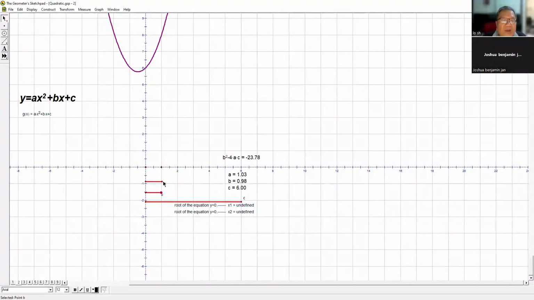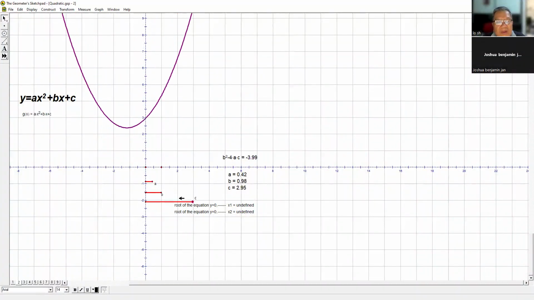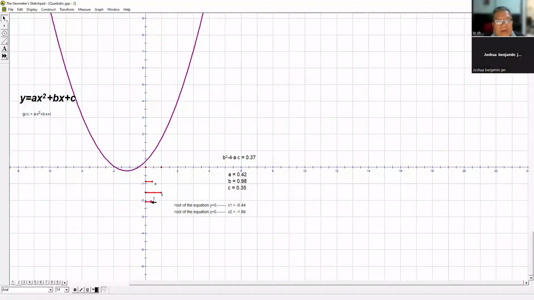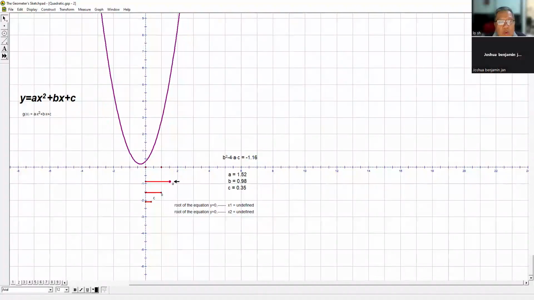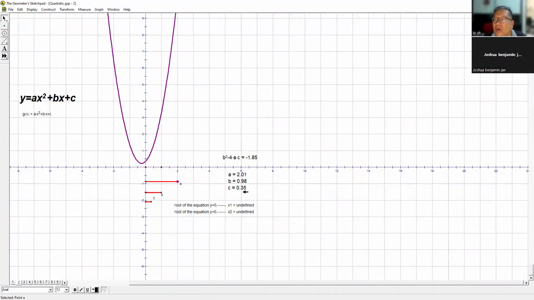Okay, then the value of a, this is 1. Let's say if it is smaller than 1, you will see that the curve is fatter. Let's say I make the c come down. Okay, let's say the value of a becomes 1, then the graph is more pointed. Let's say the value of a is 2. Oh, it becomes sharper, more pointed, right?